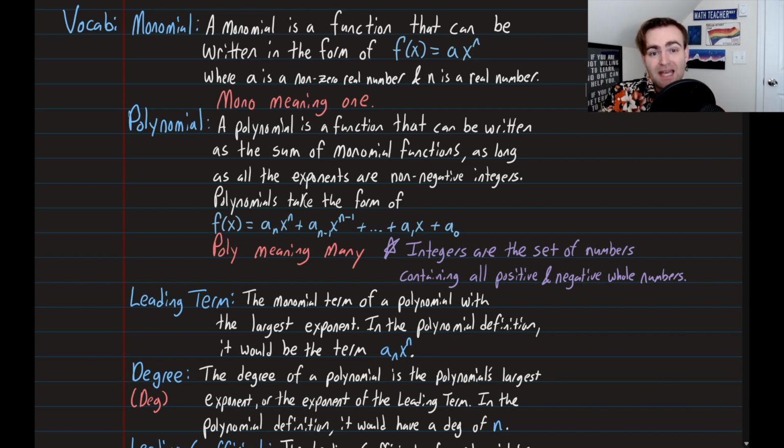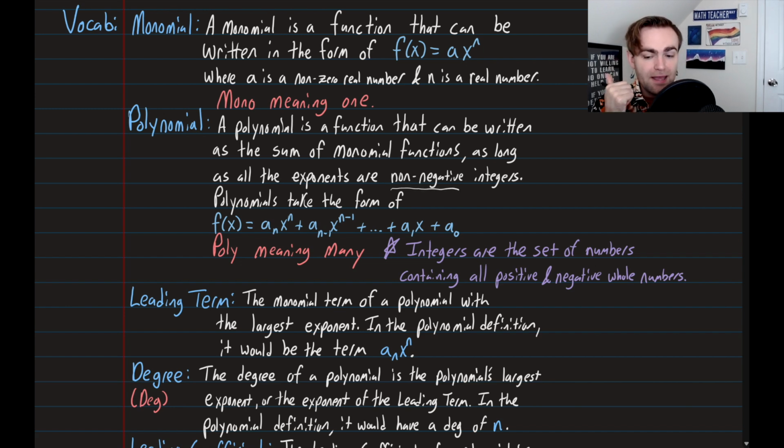So a monomial can be a polynomial, but the polynomial has a little bit of a restriction on it. The exponent for a monomial can be any real number. For polynomials, they have to be integers. What makes integers a little bit different is that they are whole numbers, and more than just being integers, they have to be non-negative.